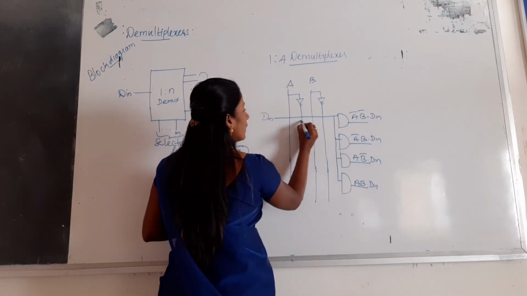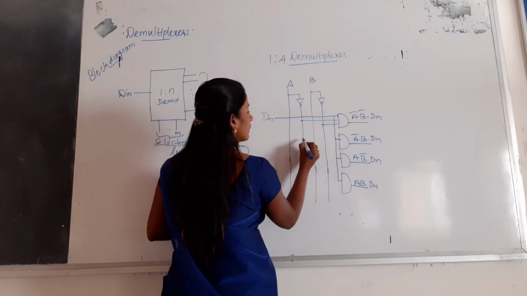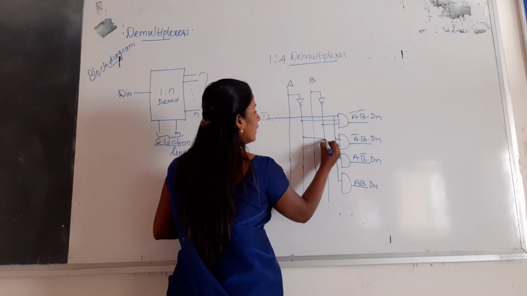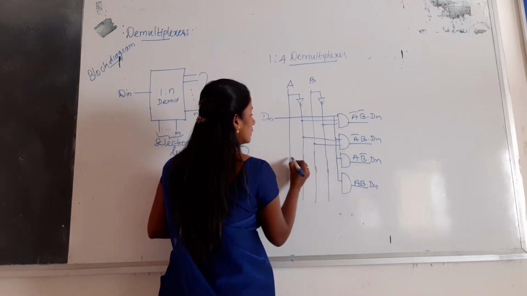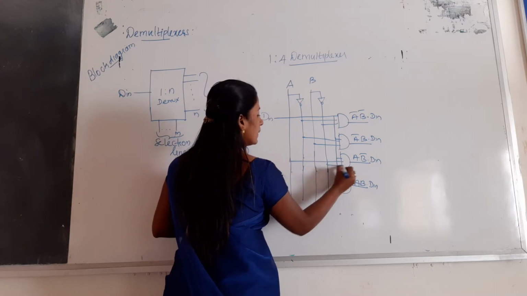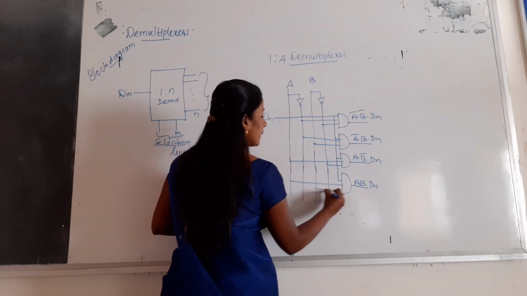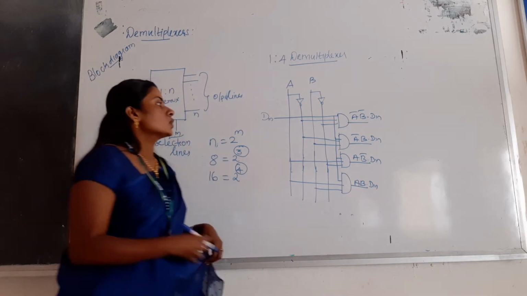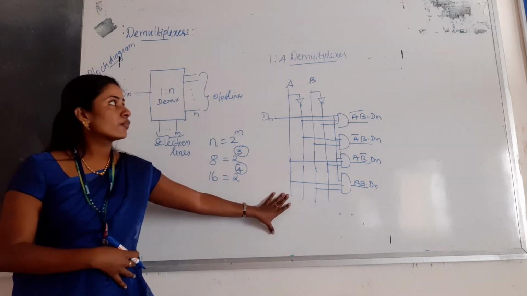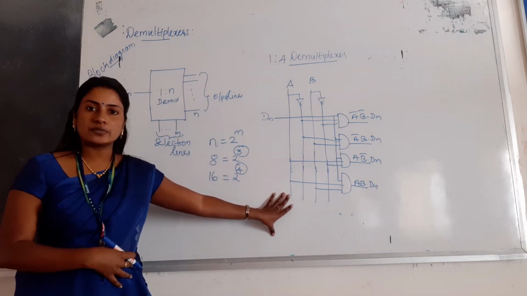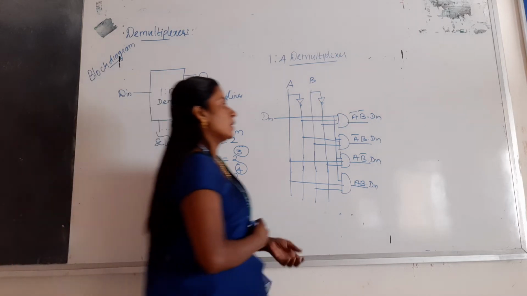Now: A bar B bar, A bar B, A B bar, A B. So this is the circuit of the 1:4 demultiplexer. Now the truth table.